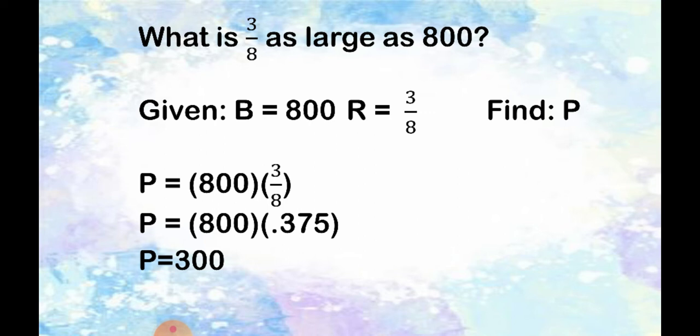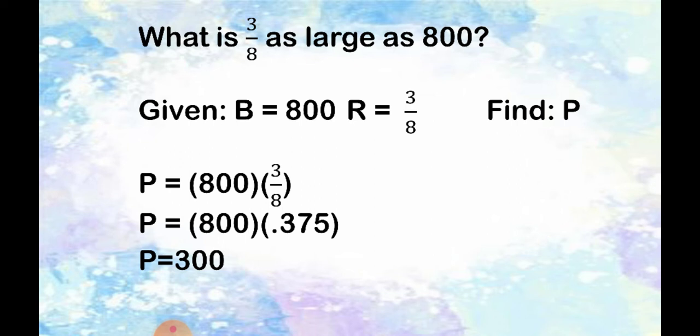As I said a while ago, we can use in base phrases like as large as, as much as, or as great as. Since we use this word, as large as 800, our base is 800 and our rate is 3/8, since rate can be expressed in fraction.